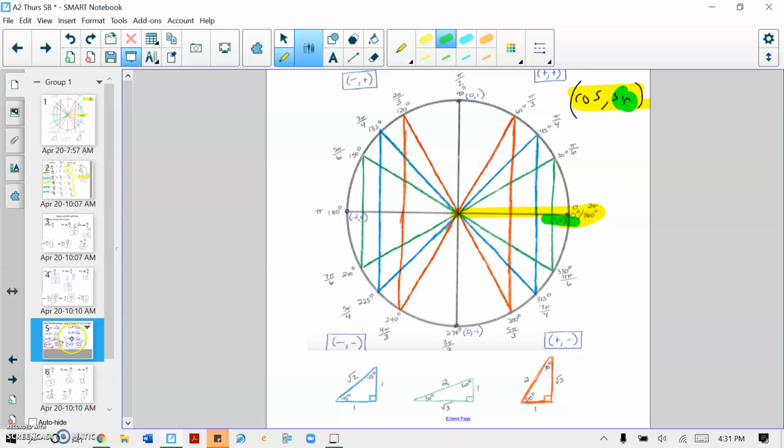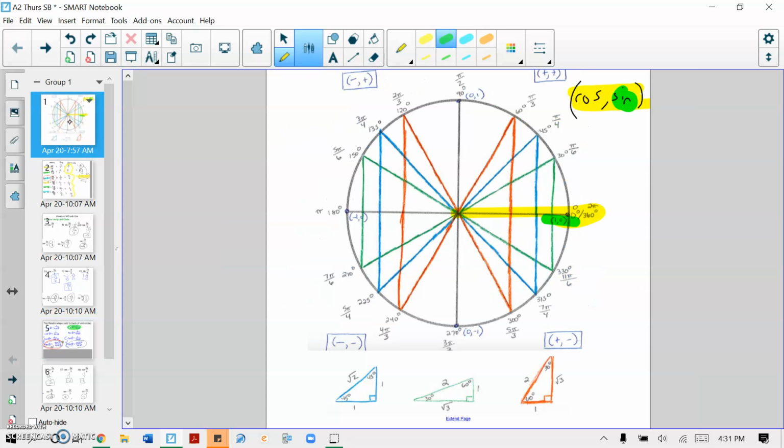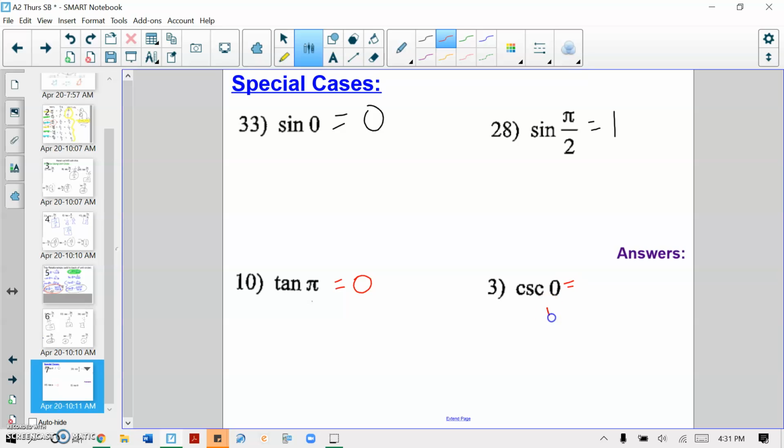So I look back and think, cosecant is the same thing as 1 over sine, right? So if sine in this case is 0, cosecant is 1 over that number. And if you had to reduce 1 over 0, remember how in math you can't divide by 0? That's not a thing. We talked about that in our rationals unit. That means this answer is undefined.